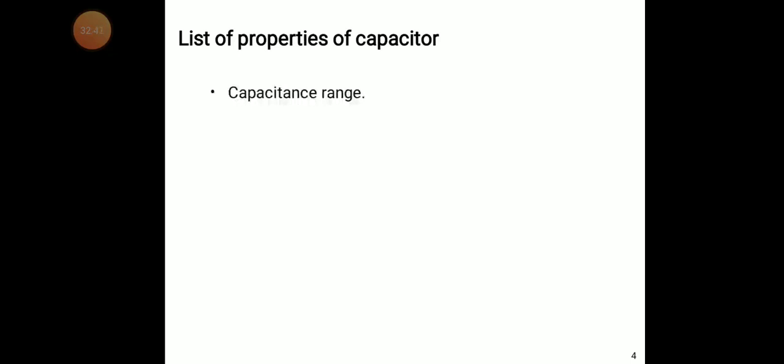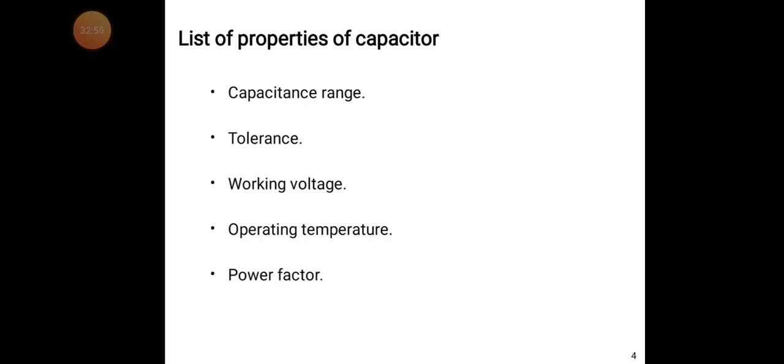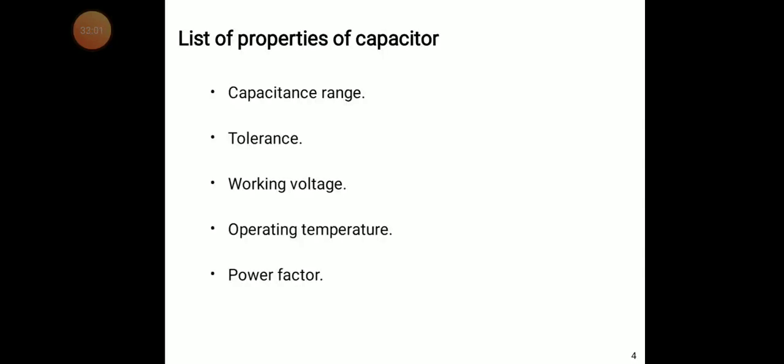Now we try to discuss the properties of a capacitor. The properties, which are also the specifications of the capacitor, are capacitance range, tolerance, working voltage, operating temperature and power factor.